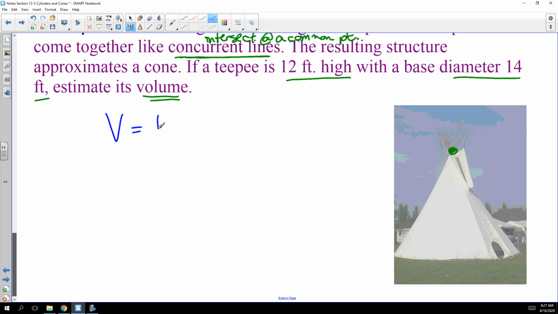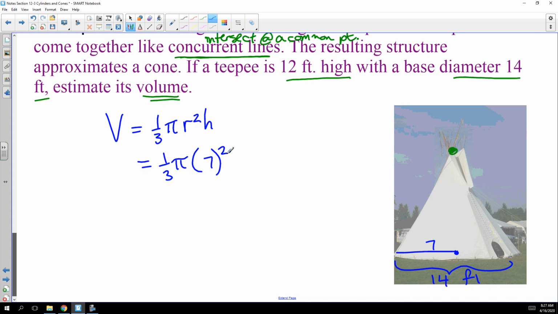Remember that volume is 1/3 pi r squared h, and we have a base diameter of 14 feet, which means that the radius is going to be 7, right? So we have 1/3 pi times 7 squared. And we already know that it's 12 feet high. It doesn't say that that's the slant height, so I'm going to assume that that's the actual height. And that's 12. I'm trying not to use my calculator too much, so I cancel the 3 with the 12 to get 4.